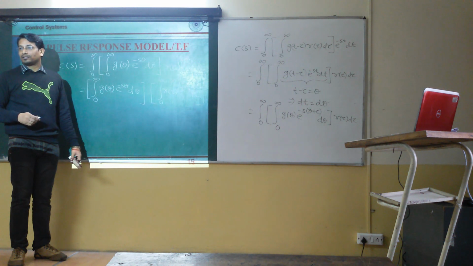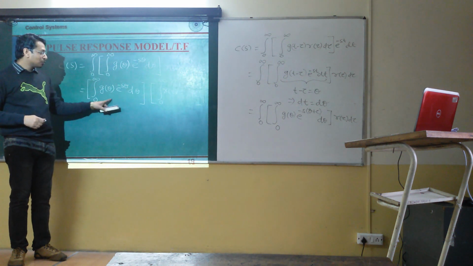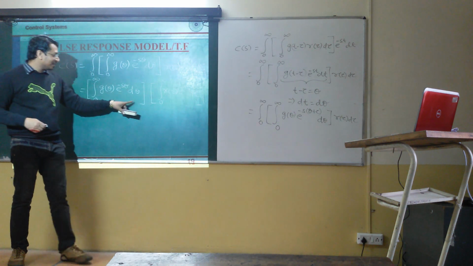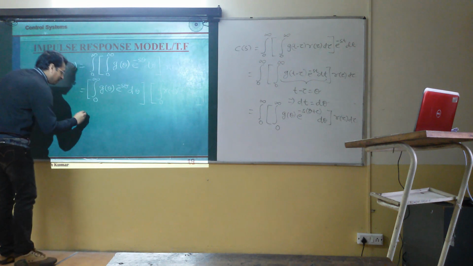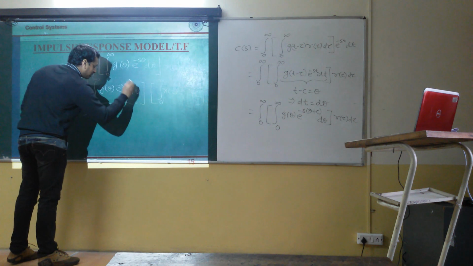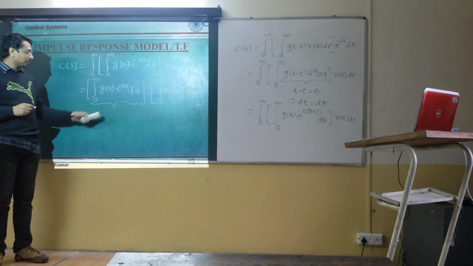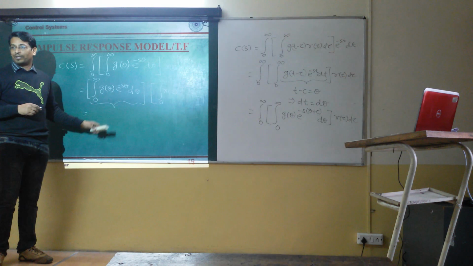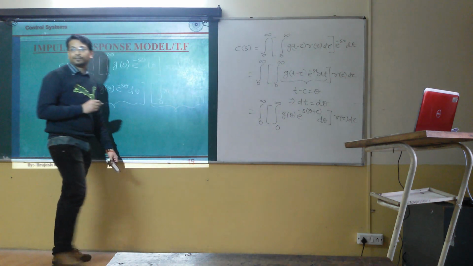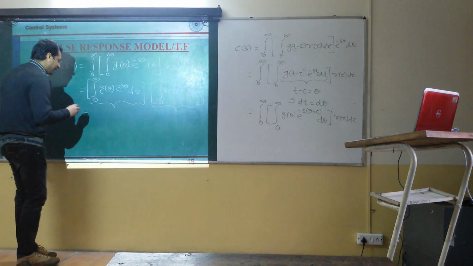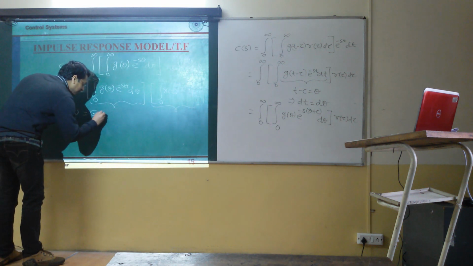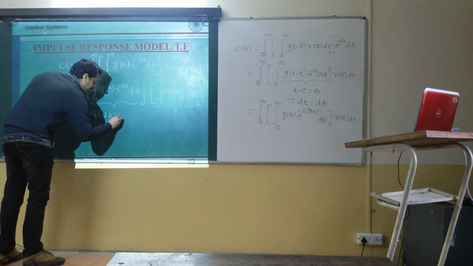Now you can establish the relationship. What is this quantity? Exactly. This quantity is the Laplace transform of g(t), meaning the Laplace transform of the impulse response, and this is your Laplace transform of input. So what you can write is C(s) equal to G(s) multiplied by R(s).